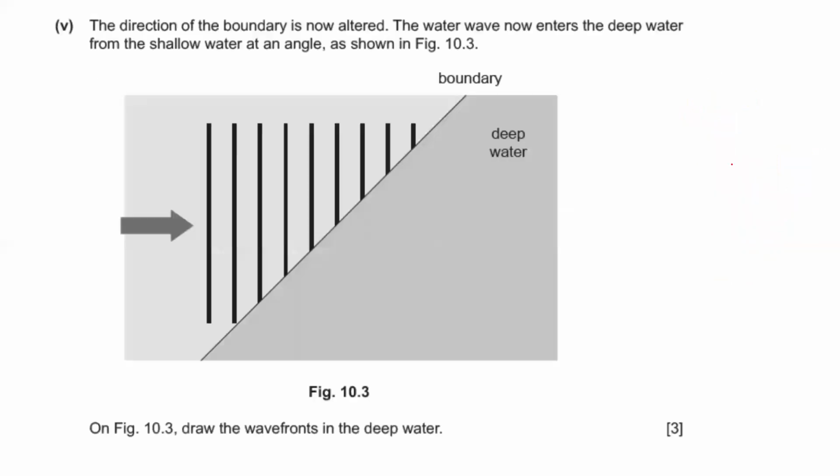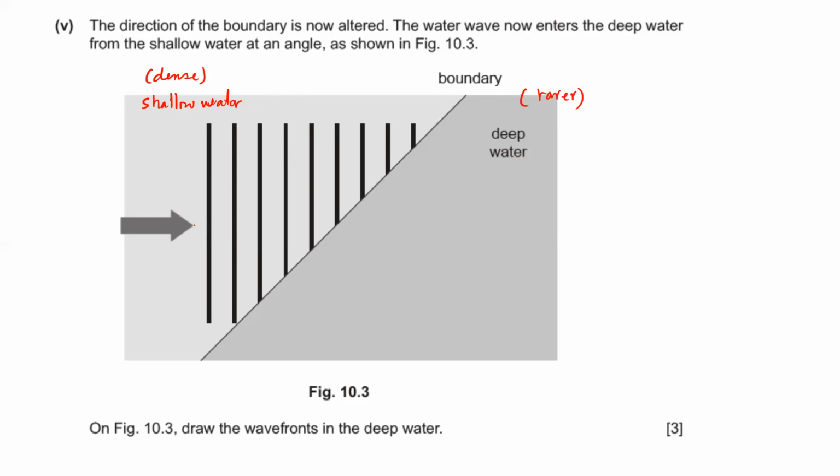Next part. It says that the direction at the boundary is now altered. The wave now enters the deep water from shallow water at an angle. So remember, this is shallow water and this is deep water. Shallow water is a denser medium and deep water is a rarer medium.